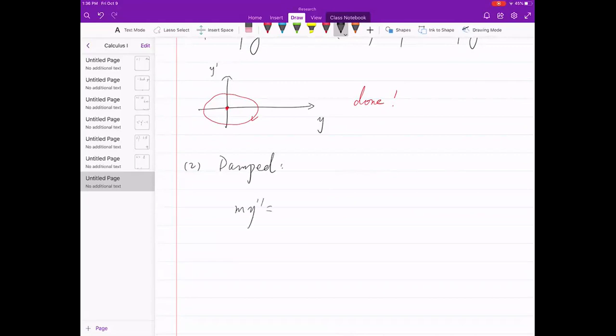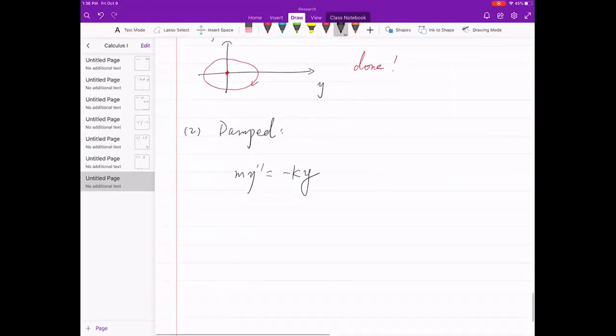ma equals Hooke's law. This time we are going to add in the friction. The friction should be proportional to your velocity. The faster you move, the bigger the friction.